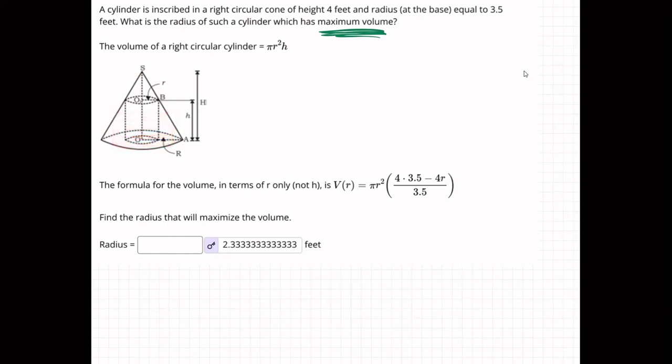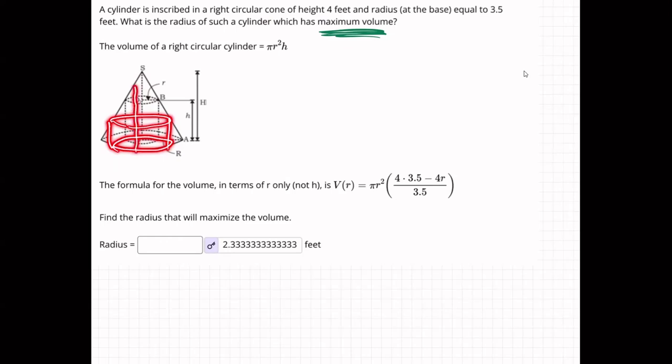Or you can say, I'm going to make it come up really high. So it's going to be narrow, like a tennis ball can. But then that probably doesn't hold much volume because it's so thin. If you make it wider, like a tuna can, then it's going to have some volume.